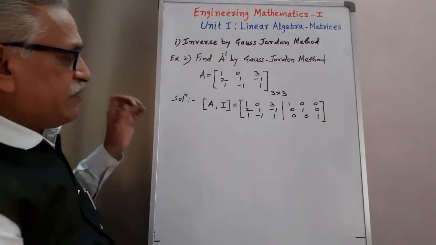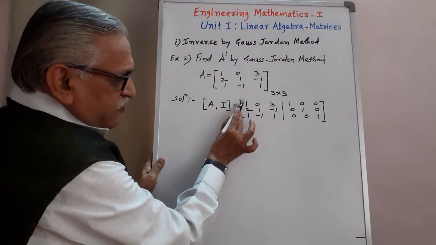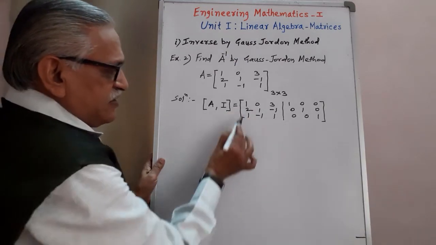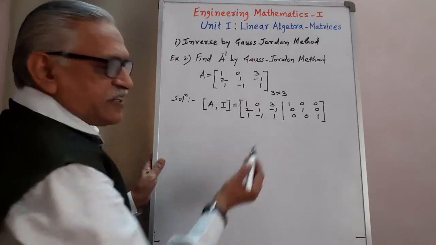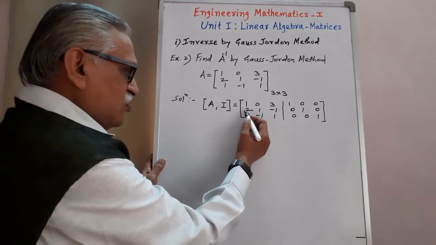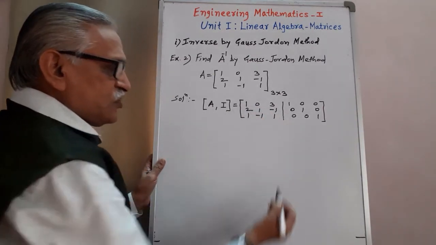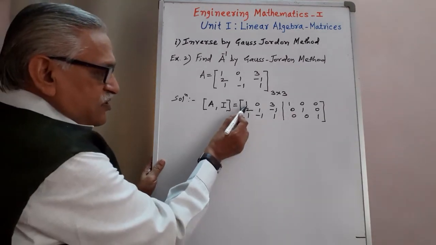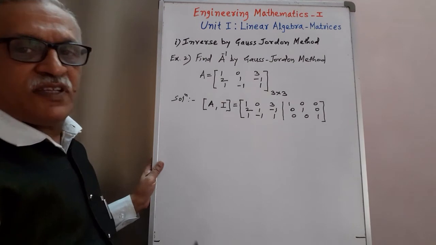First step, the basic step: we try to convert this to the identity matrix by converting all the diagonal elements to 1 each, lowers to 0, uppers to 0, by applying elementary row transformations. The leftmost element is 1.